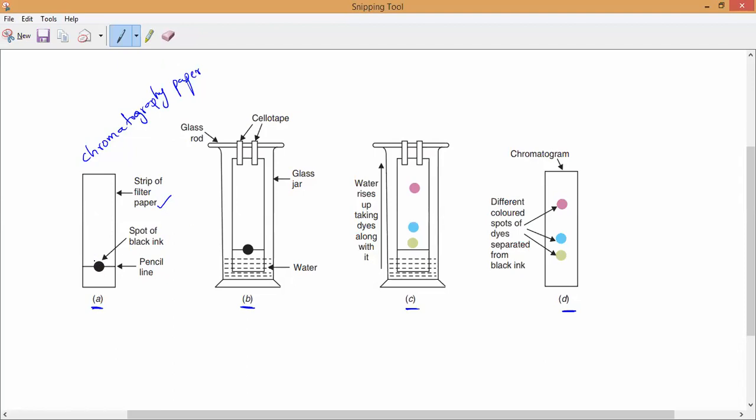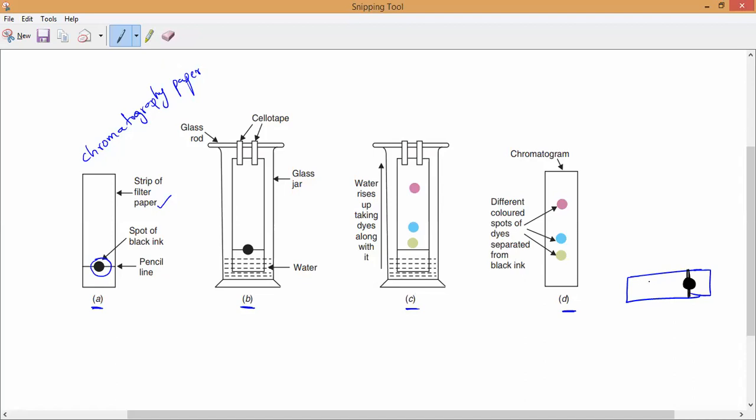Here I am spotting the blacking. Take one strip of paper like this, leaving writing space. Mark the blacking like this. If you want the exact location, you can draw a line and mark the black spot on it.